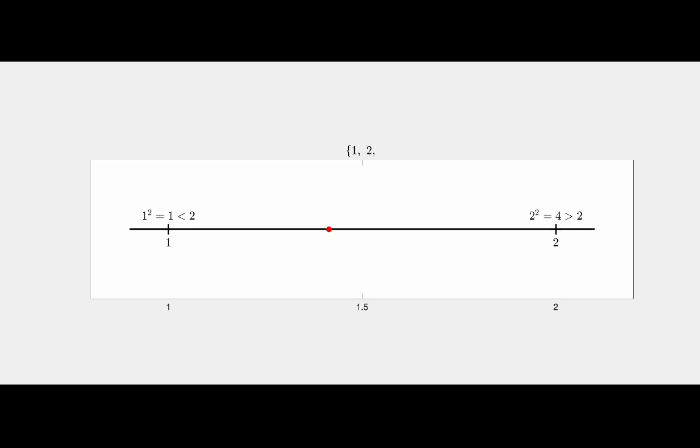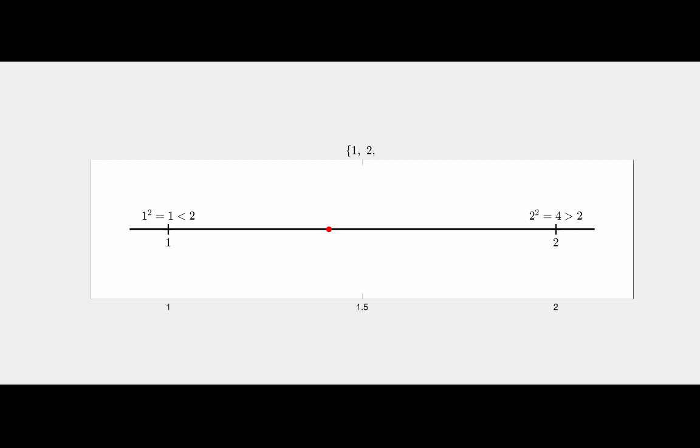Well, because 1 squared is less than 2 and 2 squared is greater than 2. And because squaring is a strictly monotonically increasing function for positive values, that implies that 1 is less than the square root of 2 and 2 is greater than the square root of 2. Right? 1's not enough and 2 is too much.